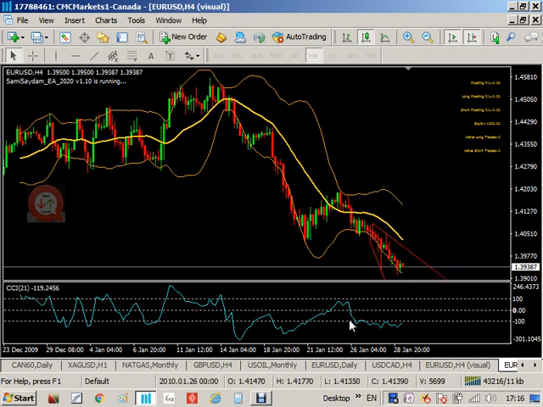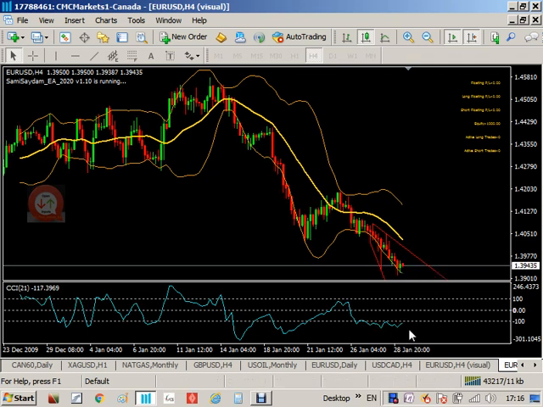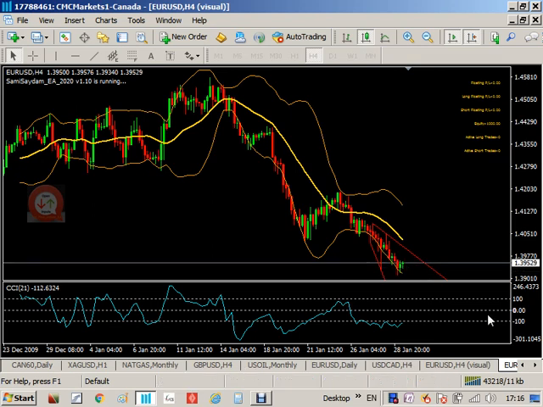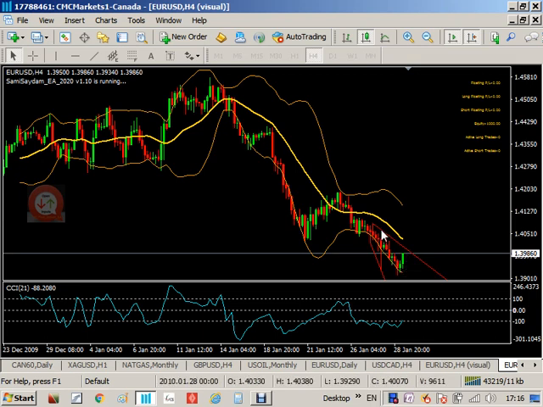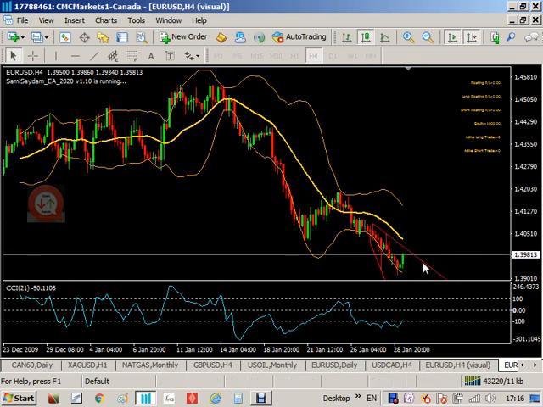So we still have waiting time here to buy or sell, because the trend is between the resistance and support.